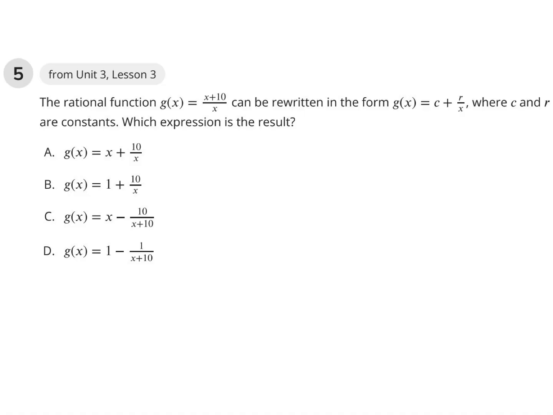Okay, let's look at this problem here. The rational function can be written in the form g of x equals c plus r over x. Okay, so what does this mean? This means we have to separate this fraction, or we can polynomial long divide. If I do polynomial long division, I get this, where x goes into x one time, x minus x is 0, then bring down my 10. x can't go into 10, so we're stuck.